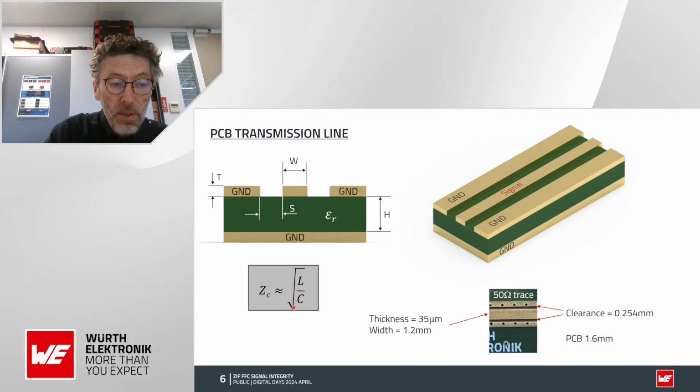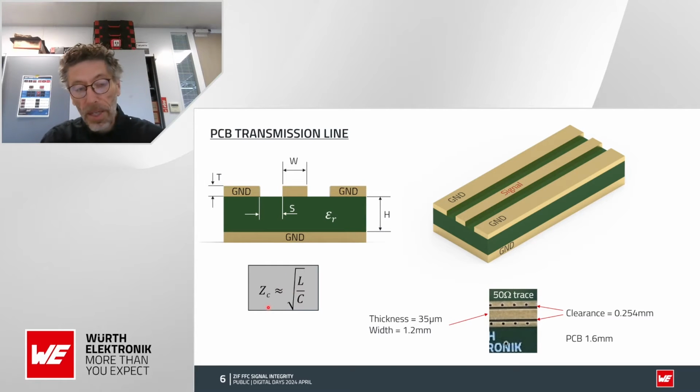And so if you increase the capacitance, you will decrease the characteristic impedance. If you increase the H here, this distance, then you will decrease the capacitance, and then you will increase the characteristic impedance.